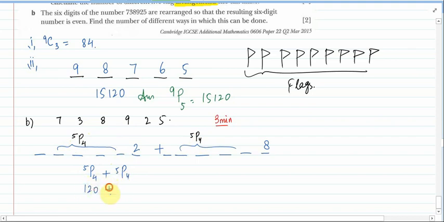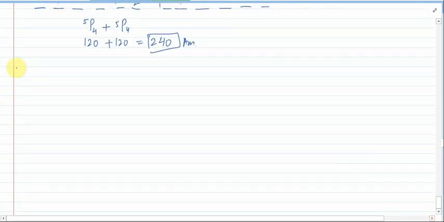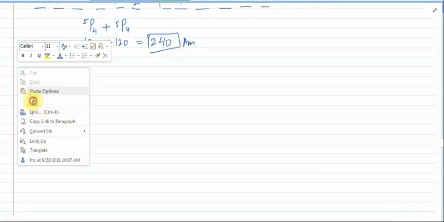So it's 120 plus 120, which leads to 240, and that is your part B answer. Alright, I hope that you got the concept clearly, because we have attempted this type of question previously as well.